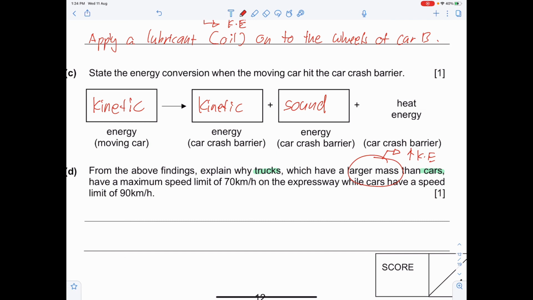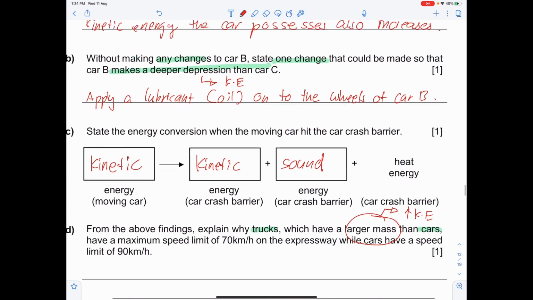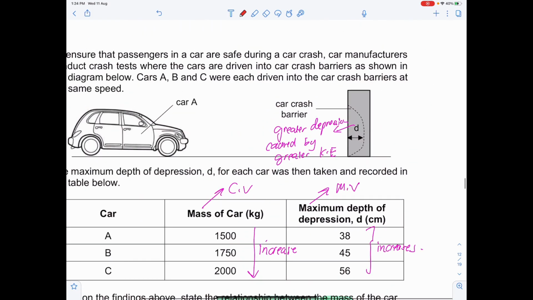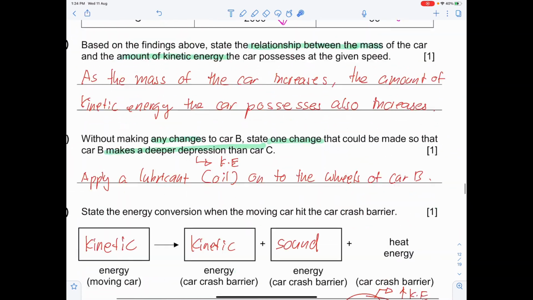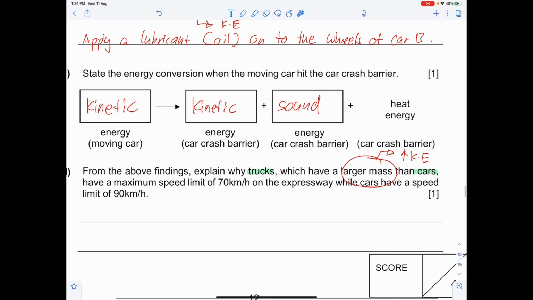So more damage during a car crash, when you think about it in that sense. Because since it is able to depress something more with a greater amount of kinetic energy, it also means that the damage that's being caused to the other car or to the cars that are involved in the accident will be greater for the truck.